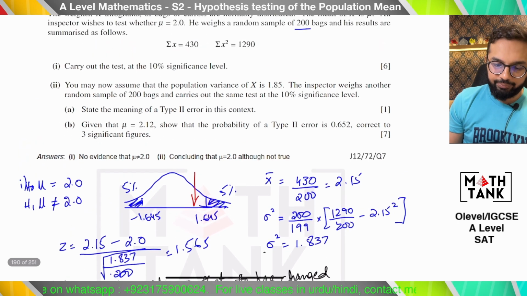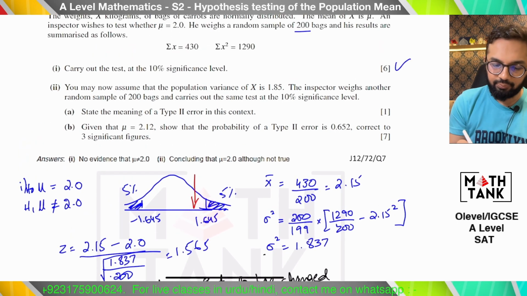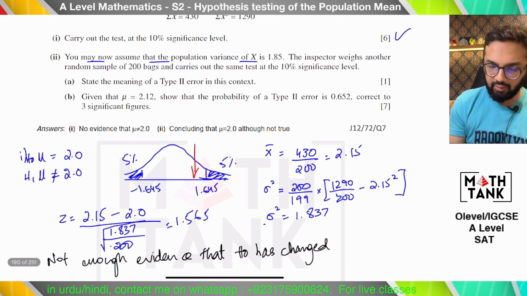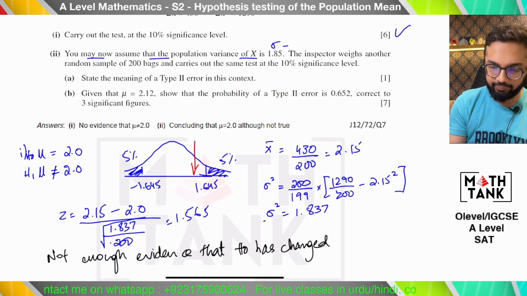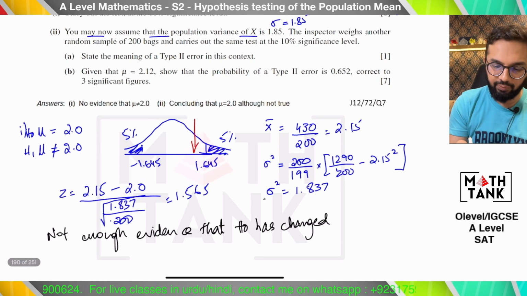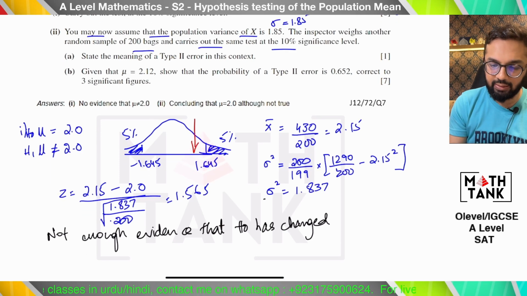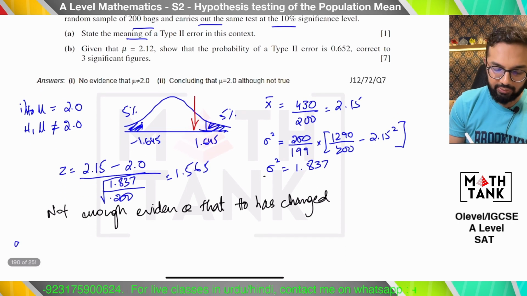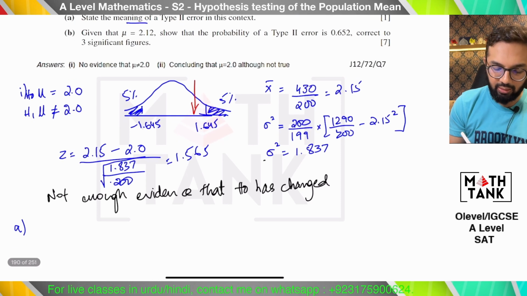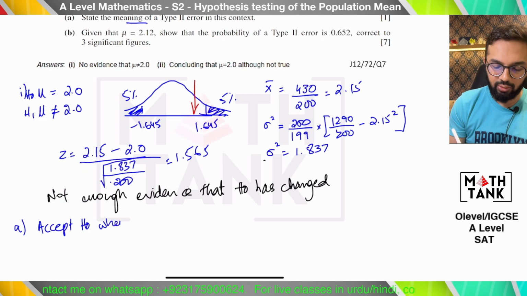Okay, so that's done. You may now assume that the population variance of X is 1.85. The inspector weighs another random sample of 200 bags and carries out the same test at the 10% significance level. State the meaning of a type 2 error in this context. So a type 2 error is when you accept H naught when H naught is false.